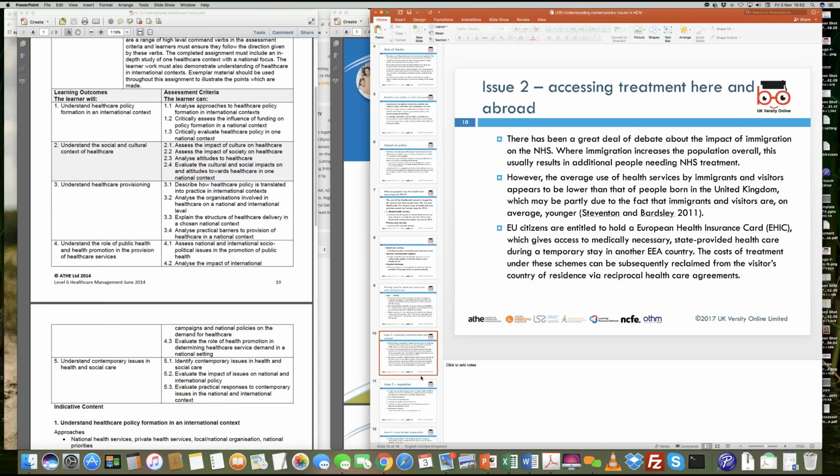The EHIC card allows this facility to be availed absolutely free of cost. Okay? Right?